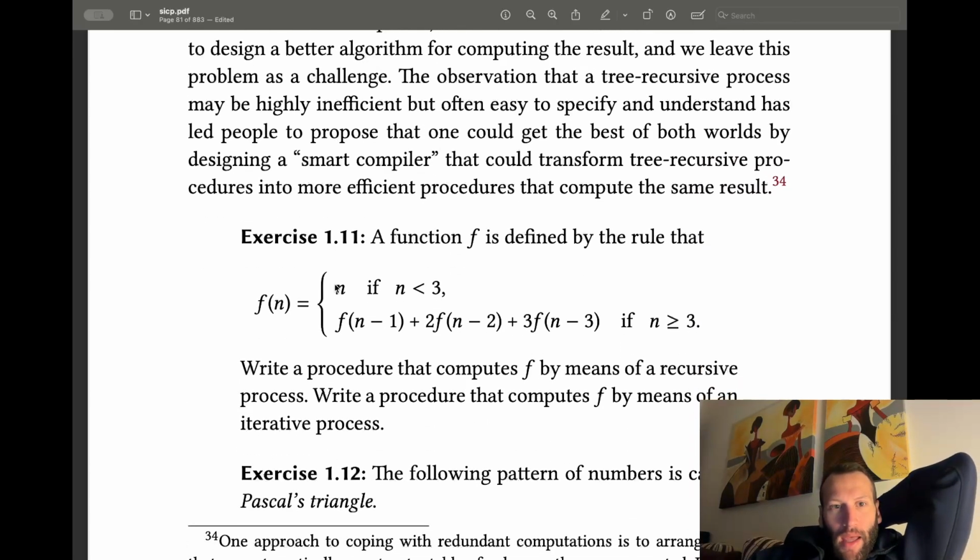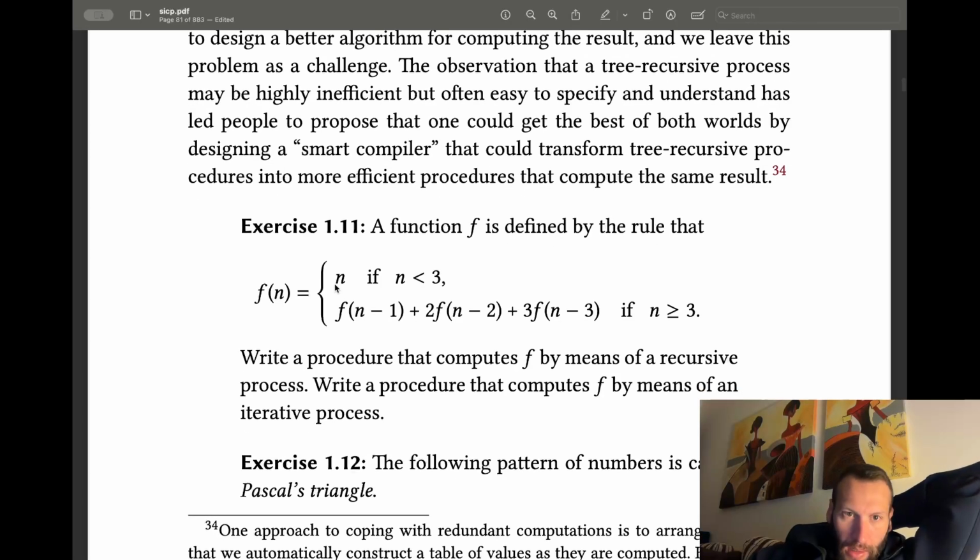And here we have the first series of exercises. Let's see, a function f is defined by the rule, and we have a stopping condition, and we have the recursive call.